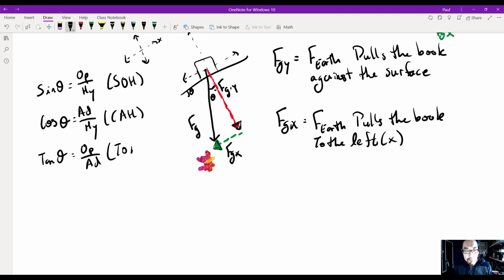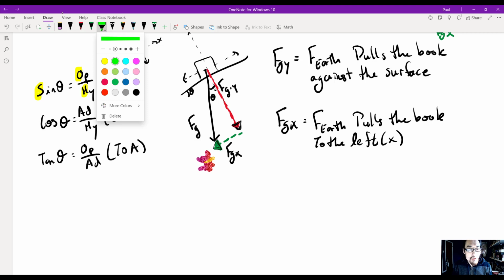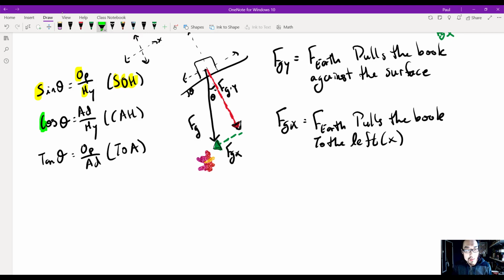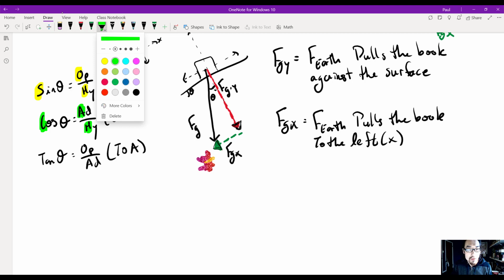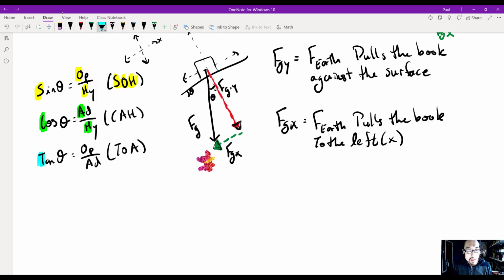So that's TOA. So I'm going to highlight: we have SOH, sine, opposite, hypotenuse. We have CAH, which is cosine, adjacent, hypotenuse. And we have TOA, which is the tangent, opposite, adjacent. So we have SOH, CAH, TOA.